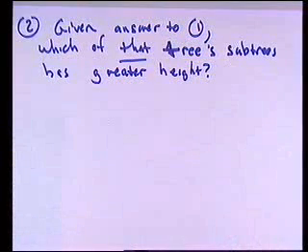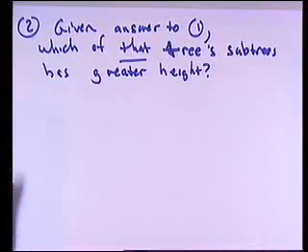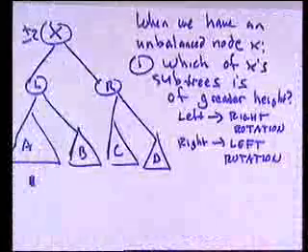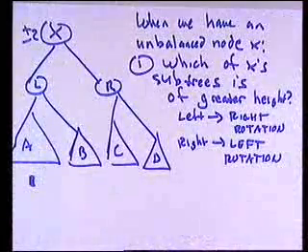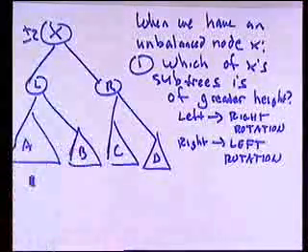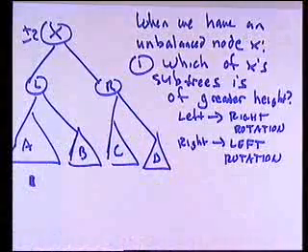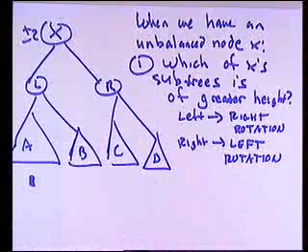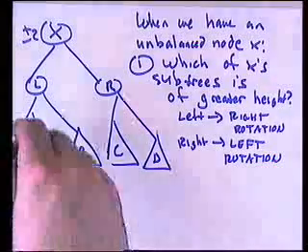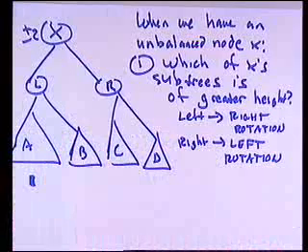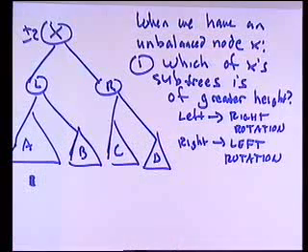So if you answered left subtree in part 1, which of the subtrees of the left subtree has greater height? If you answered right subtree in part 1, which of the right subtree's subtrees has greater height? That's what we're asking here. Which of these 4 grandchildren of X, those subtrees, has greater height?